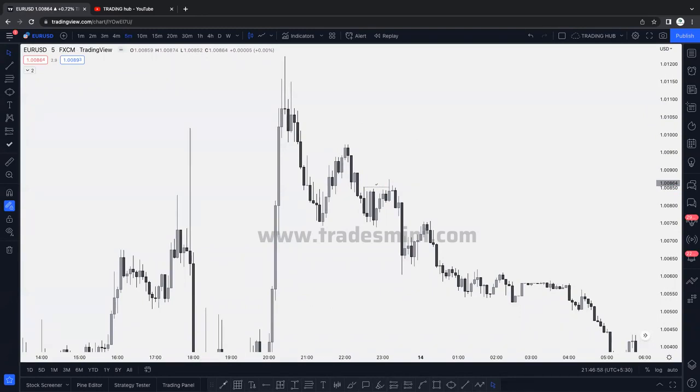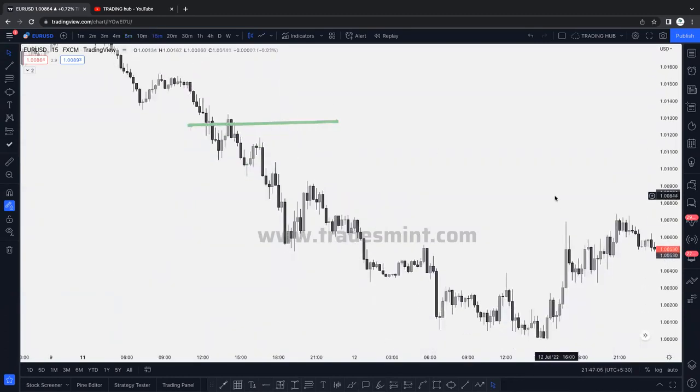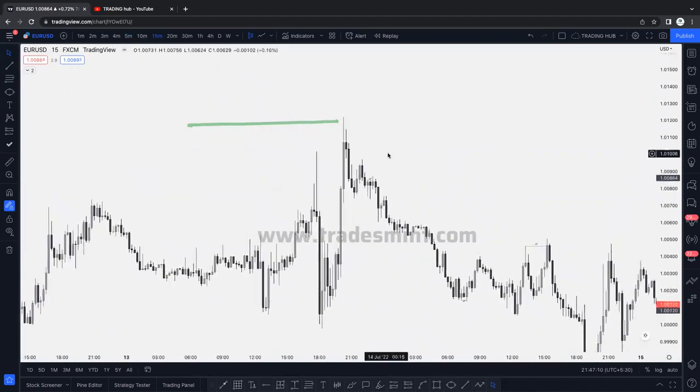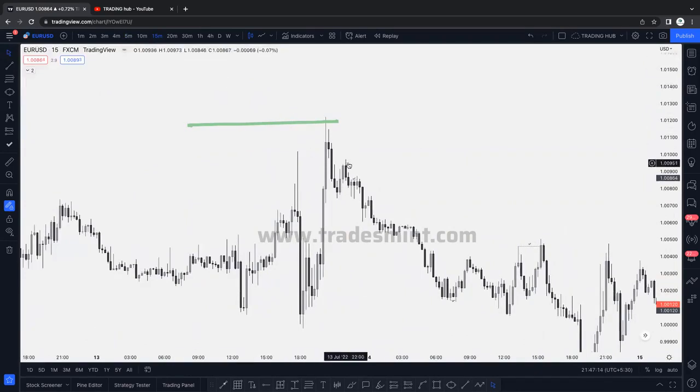Then sir, here, at this place, sir. So the simple thing is here: if you are confused at this point, for example at this point on the 15 minute, looking as per the 15 minute, this is a clean break of structure because the market closed above it, correct?